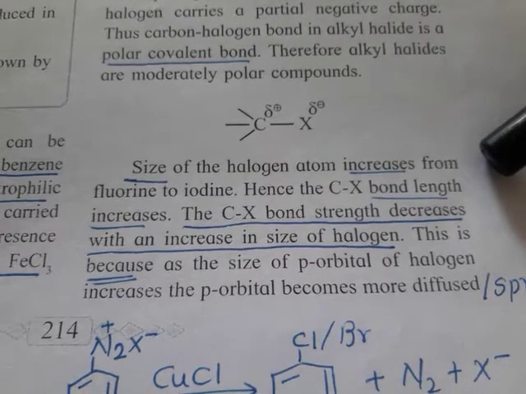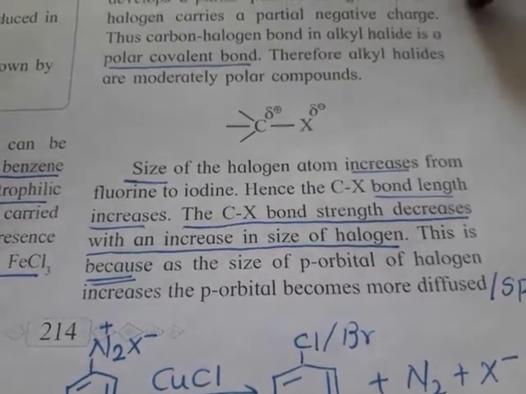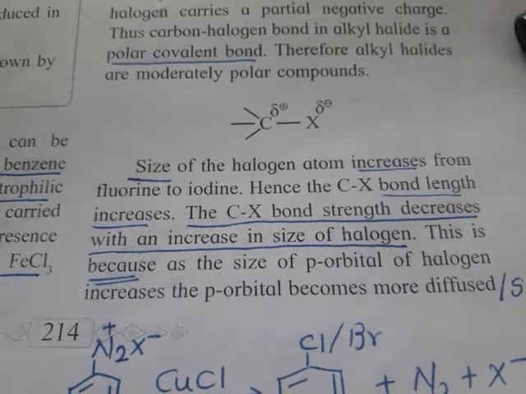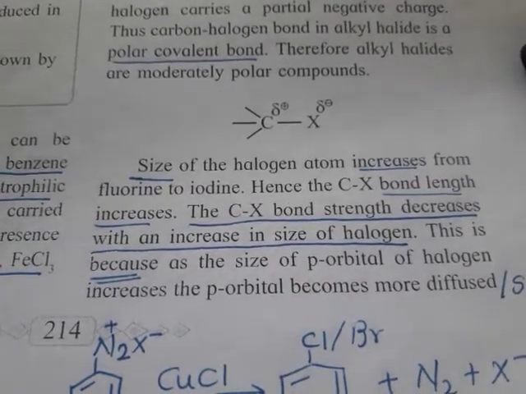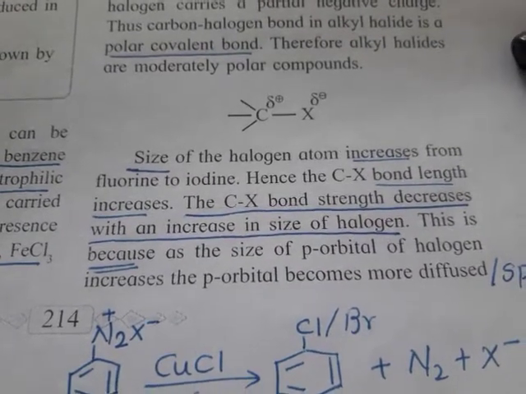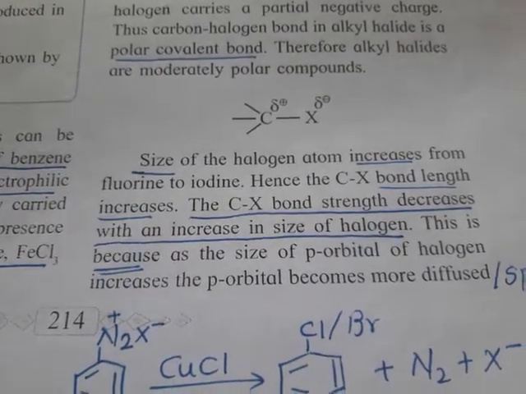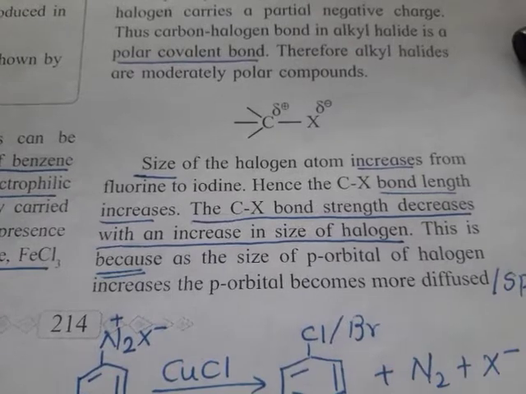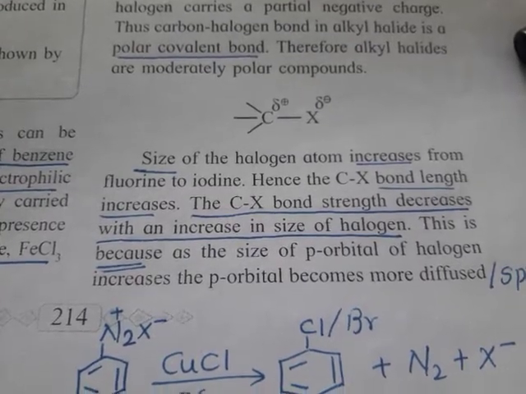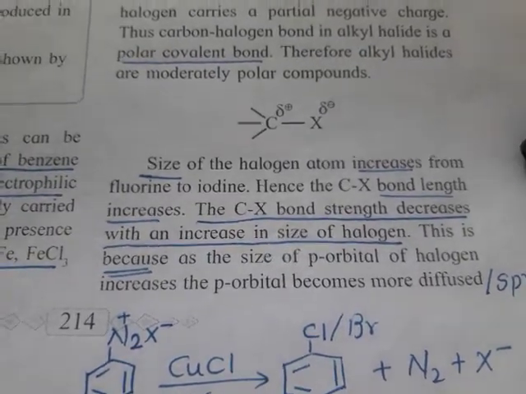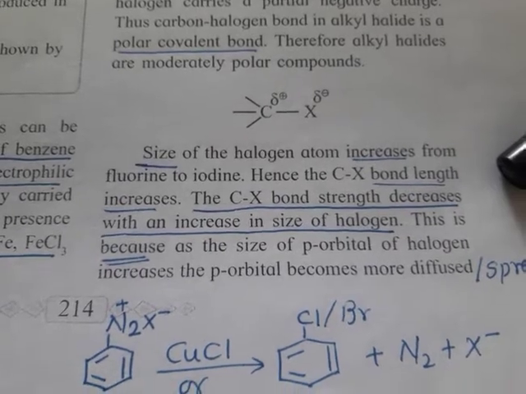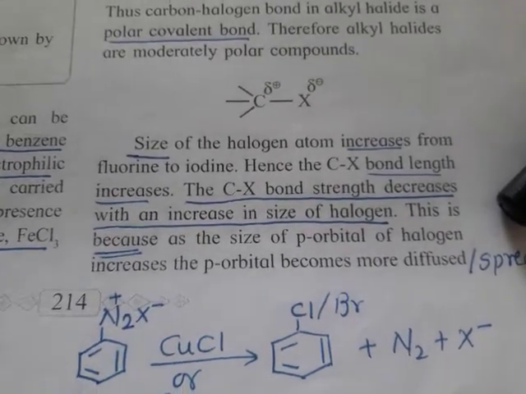Bond length is more, meaning the two atoms are away from each other, meaning the interaction and attraction between these two is weak, so bond strength decreases with increasing size of halogen.